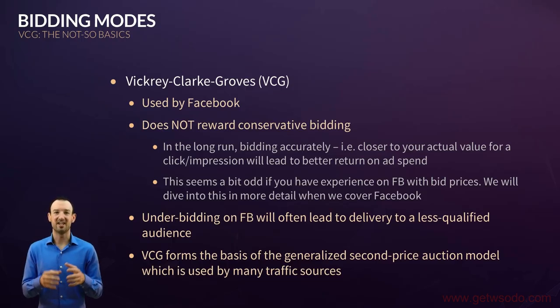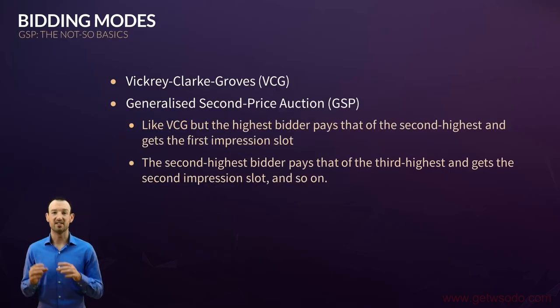VCG forms the basis for another auction theory called generalized second price auction, or GSP, which is also used by many traffic sources. GSP is like VCG: the highest bidder pays that of the second highest, but they get the first impression slot.